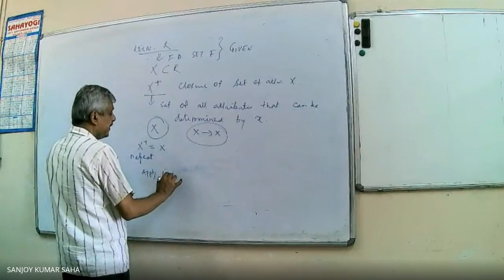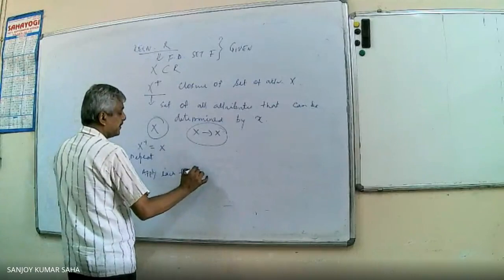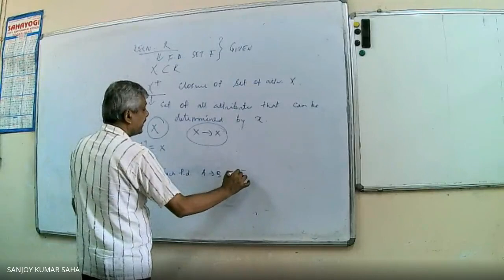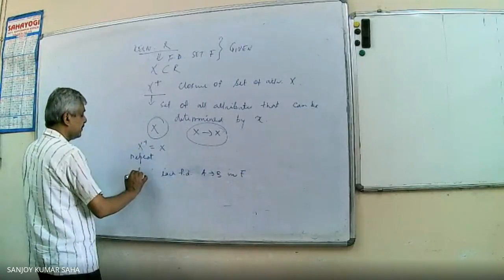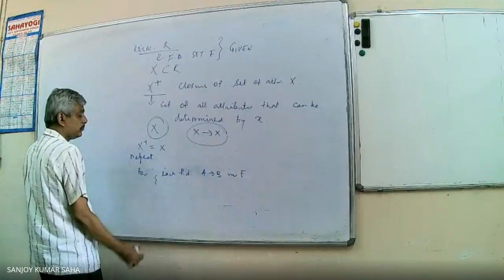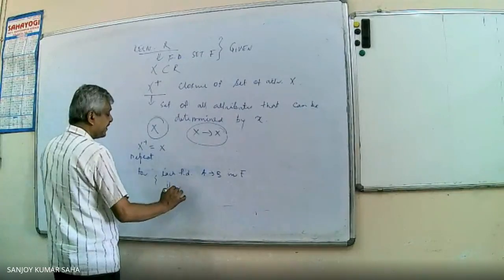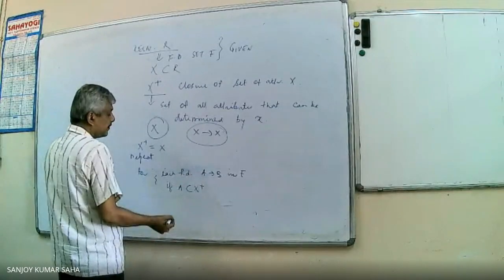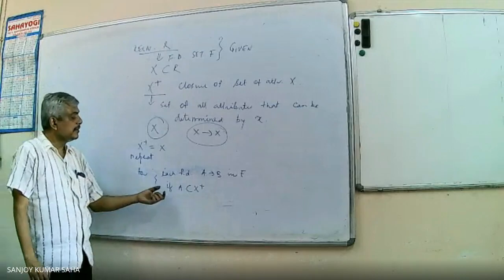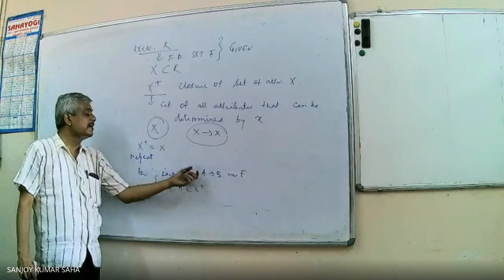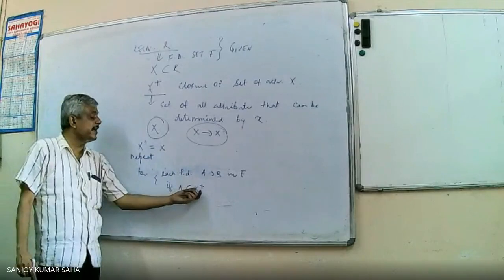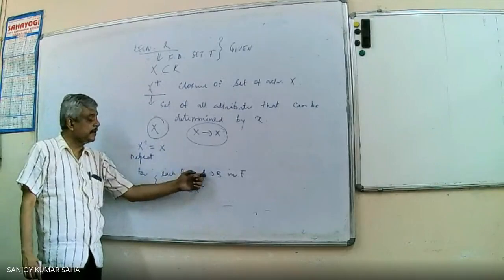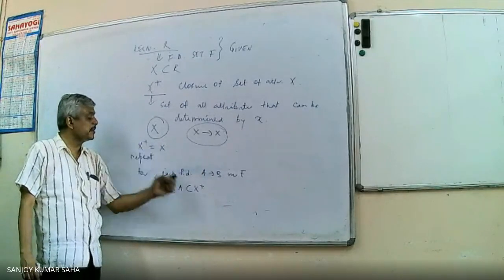For each functional dependency A implies B in F, if we find that A is a subset of X plus, what does it mean? It means that by some way X determines A. A is already part of X plus.